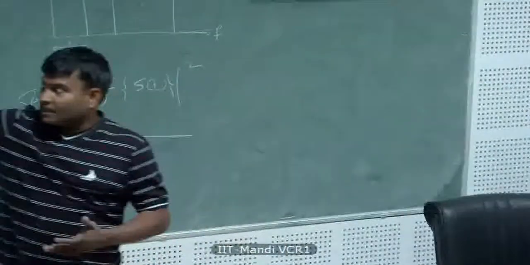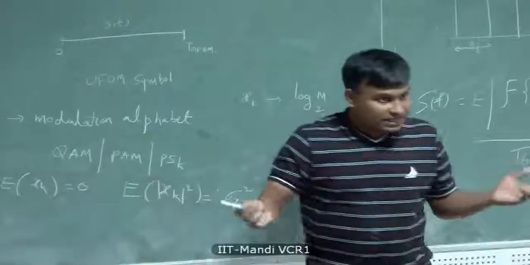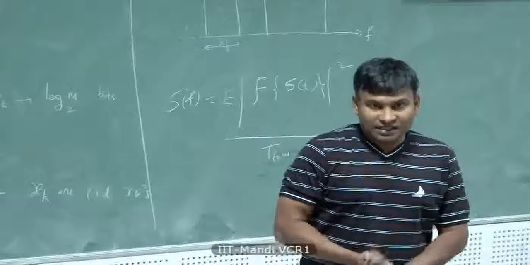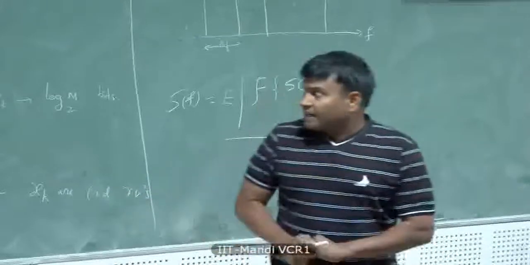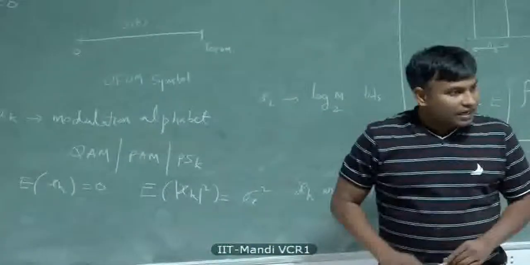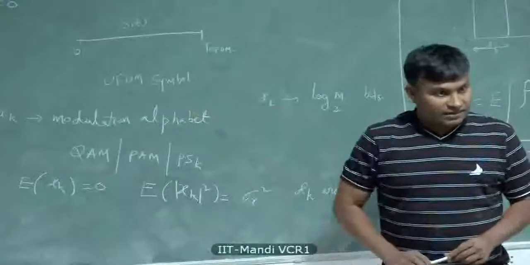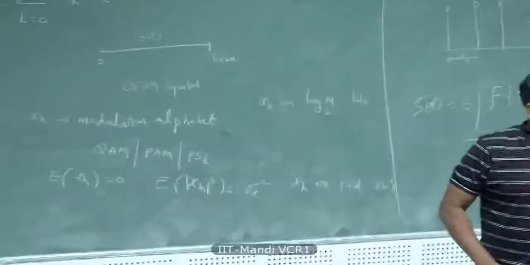But of course, if it is a deterministic signal, all you have to do is take S of t, take the Fourier transform, you will get the spectrum of the signal. But for a random process, that wouldn't work. So an alternative way of calculating the spectrum is take S of t, calculate its autocorrelation function, and take the Fourier transform of the autocorrelation function.